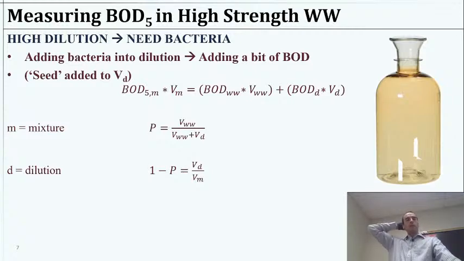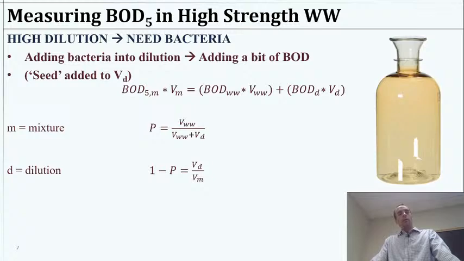Okay, so we're going to complicate it just a little bit. When we do this dilution, it turns out that if we use a whole bunch of really dilute water, sometimes we're not going to have enough microbes hanging around anymore. So we actually have to dilute it with special seeded water in order to give the system some microbes to work with.